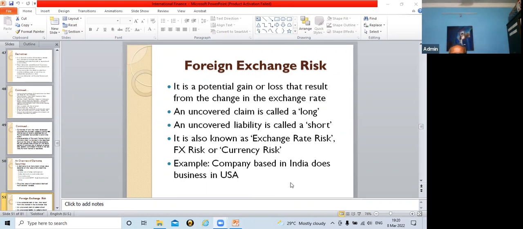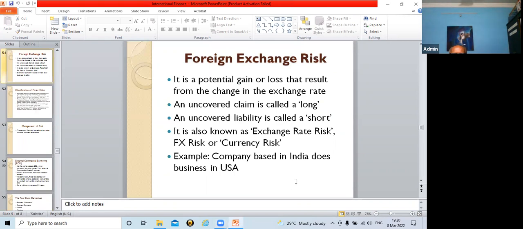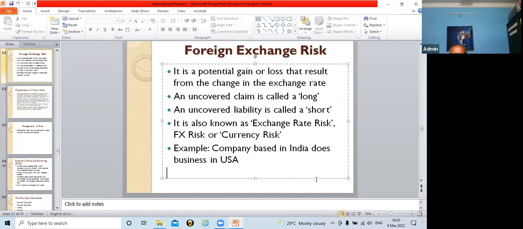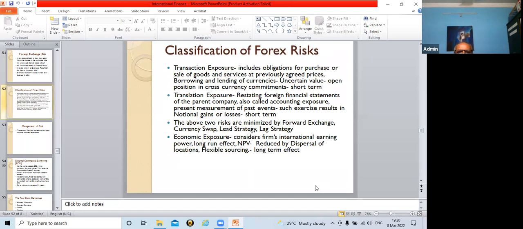Let us go to the next slide. Now, what are the types of foreign exchange risk? There are 3 types. Look here.